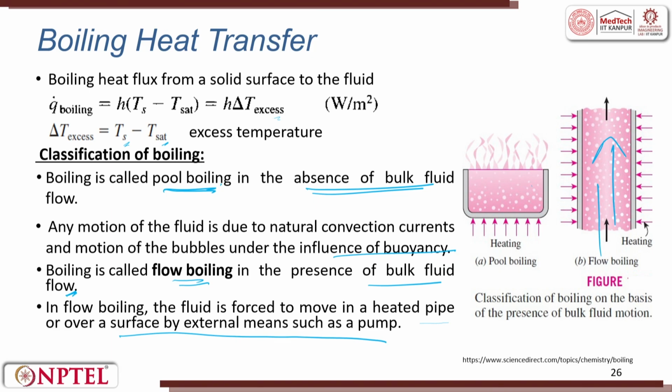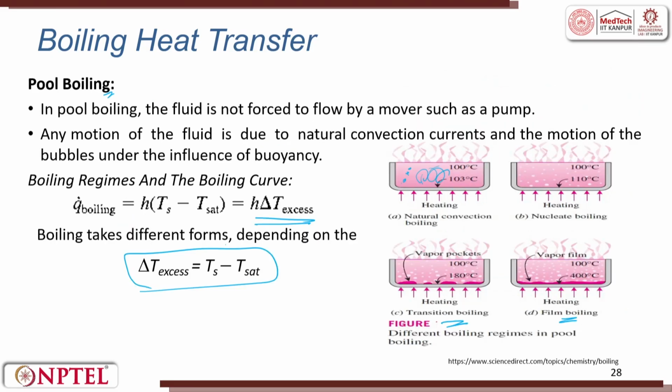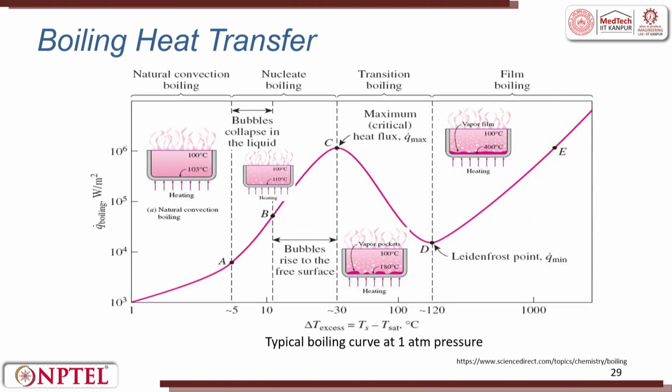We saw pool boiling, forced boiling, subcooled boiling, saturated boiling, then natural convection boiling, then nucleate boiling. Nucleate means the temperature is slightly high, so there is nucleation of bubbles getting formed. Then we will have transition boiling and finally film boiling. So, all these are different types of boiling which can happen. So, if you try to draw a boiling heat transfer curve, you can have 4 major regimes.